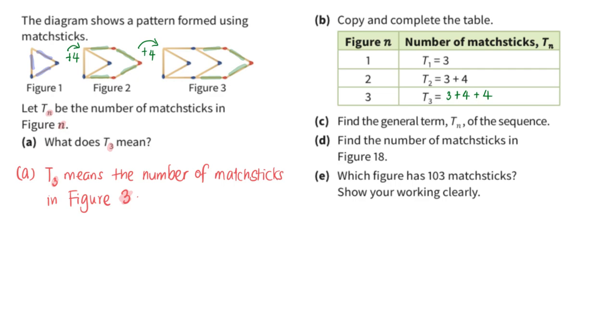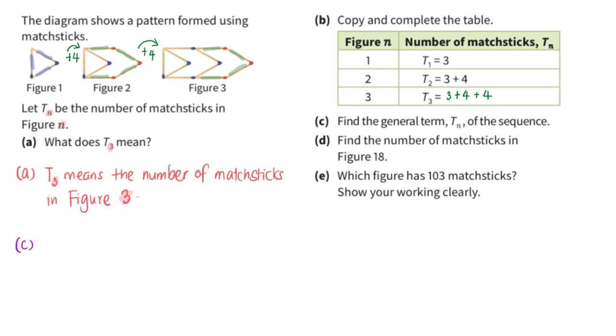And therefore, for part C, what would then be the general term Tn of this whole number sequence? For part C, I am going to make use of this formula for common difference. This is a common difference sequence because we keep on adding by the same number.